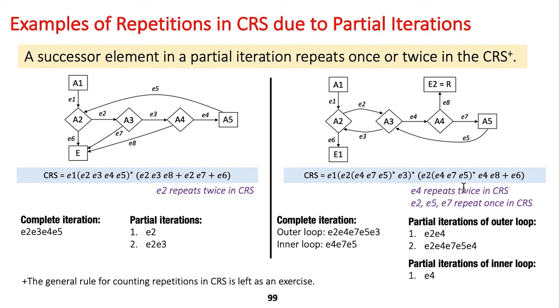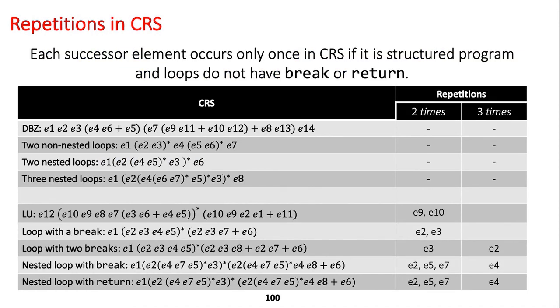E4 repeats twice, and E2, E5, E7 repeat once in CRS. Without a break or a return, in the earlier examples that we looked at, you will notice that we do not have any repetitions in CRS. We have summarized the repetitions. So with a break or a return, we get repetitions. Without a break or a return, we do not have any repetitions.